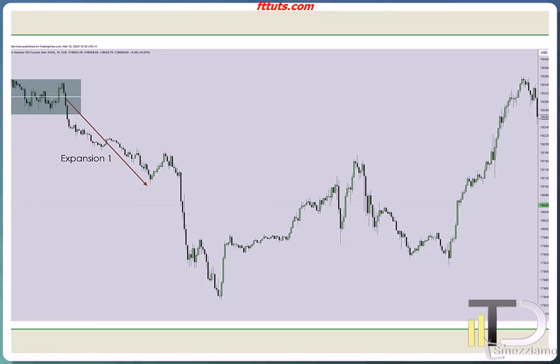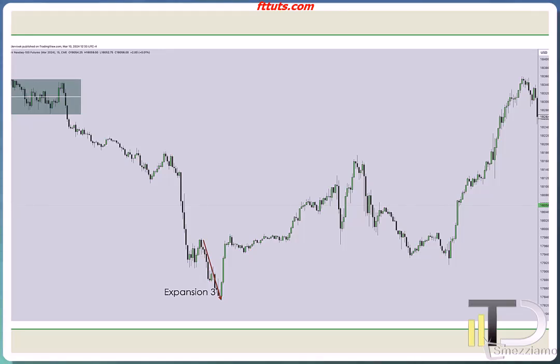Now, as we know, any expansion cycle is often followed by a retracement. So as we see here, it's retracement 1, followed by another expansion, retracement, and then final expansion.